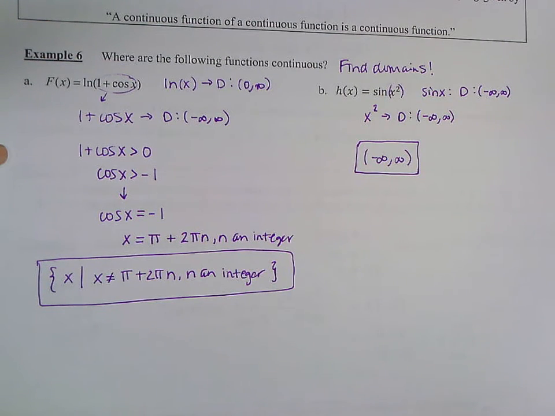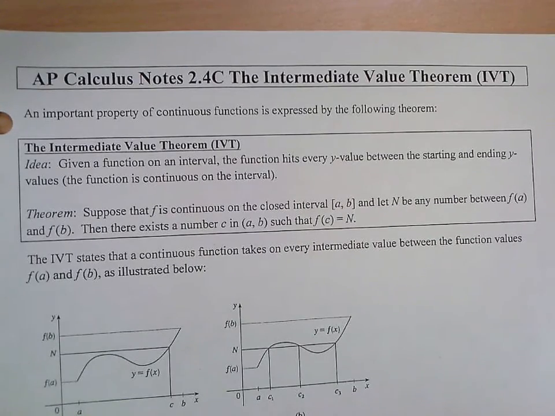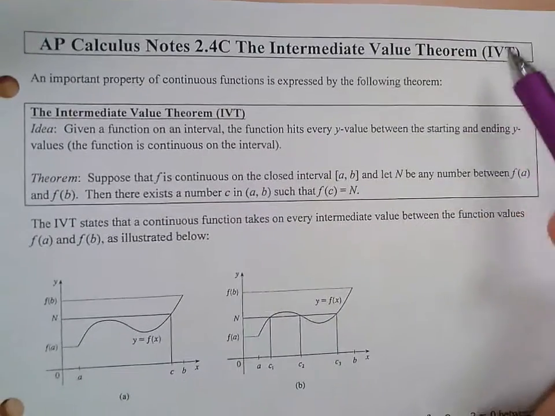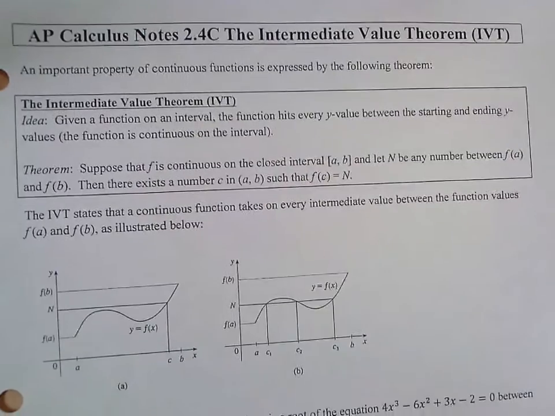Okay, there are 3 value theorems in calculus. The intermediate value theorem is the first one that we covered. And note, if you see IVT, that is a common shorthand way to refer to the intermediate value theorem.